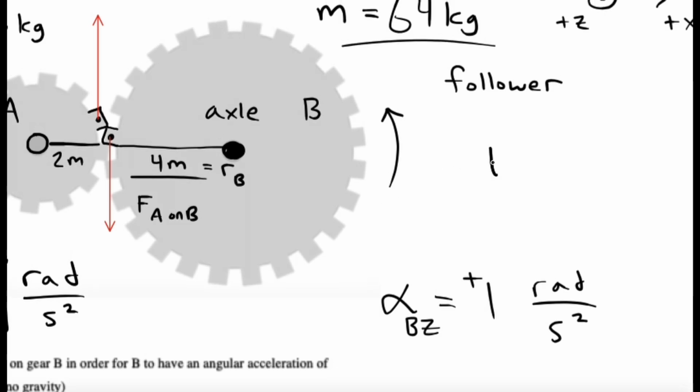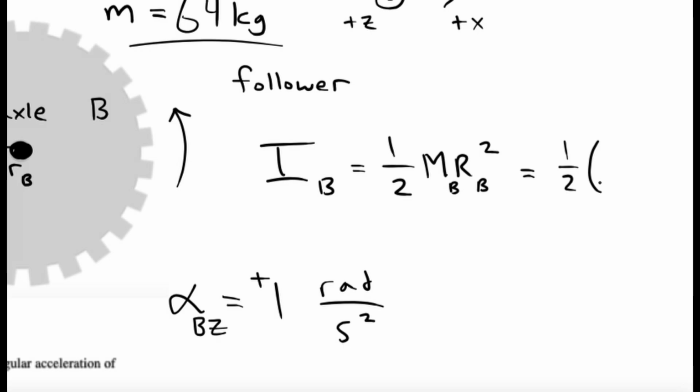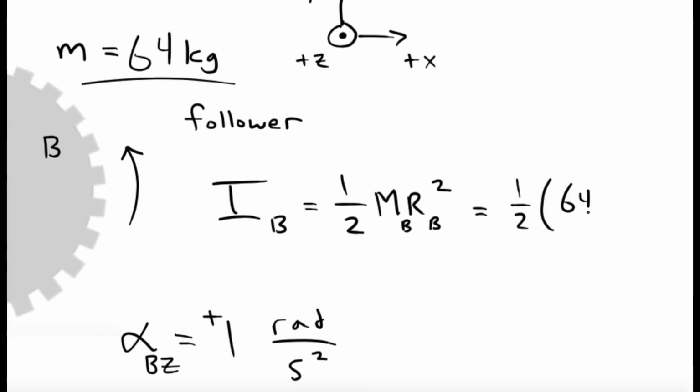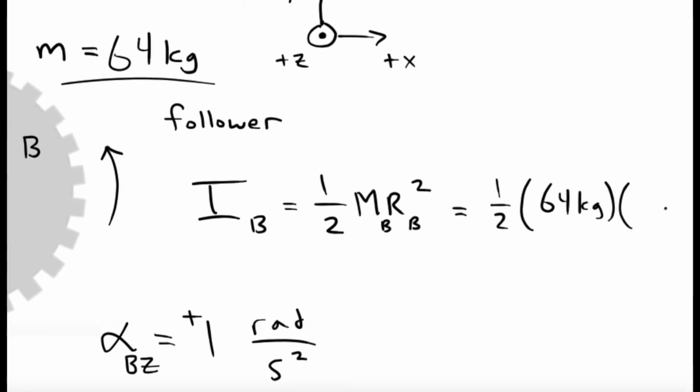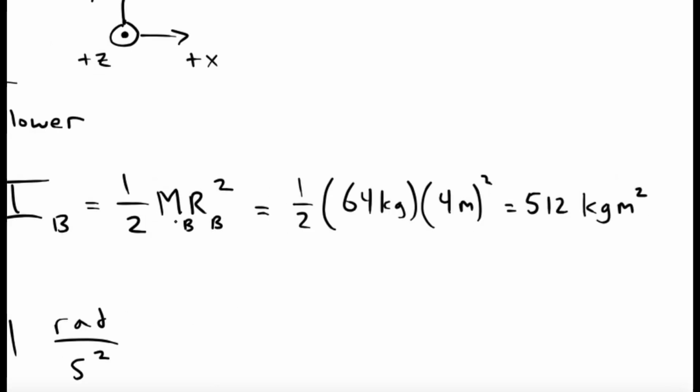Let's find the moment of inertia of B. Now, discs have a formula for moment of inertia of 1/2 mr squared. So I'm going to use the mass of B and the radius of B to find his moment of inertia. So his mass is 64, radius of 4 meters. It's 512 meters squared.